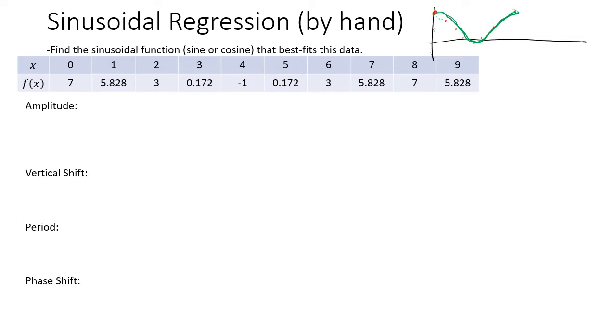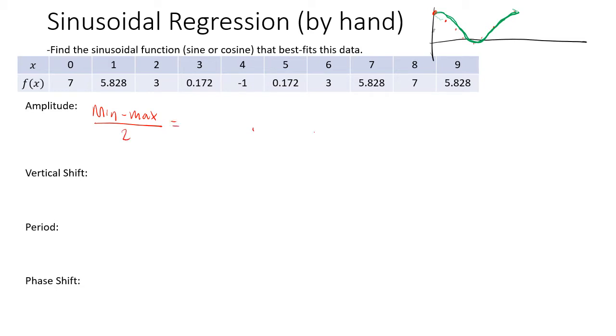So let's take this one by one. The amplitude is going to be the maximum minus the minimum, divided by 2. That gives us the entire height of the curve divided by 2, which is what amplitude is.